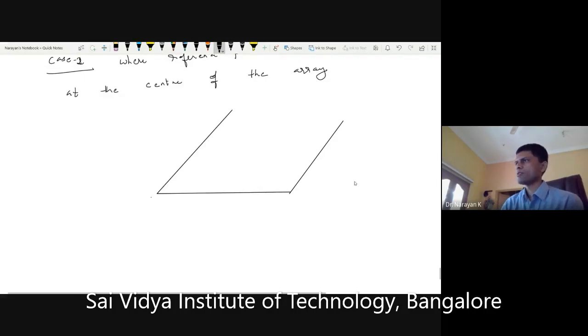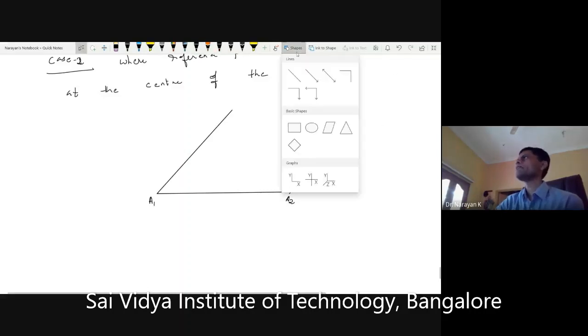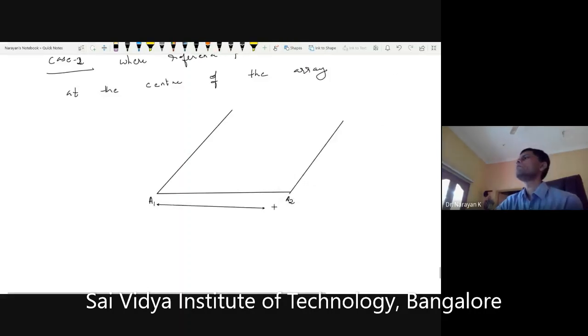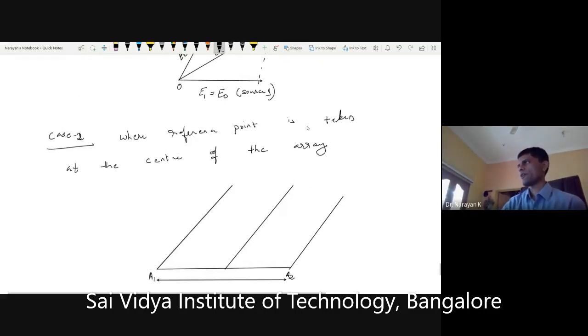This is your point source A1. This is your point source A2. This is the center point here. So this is your distance point P. There I am finding the total electric field.